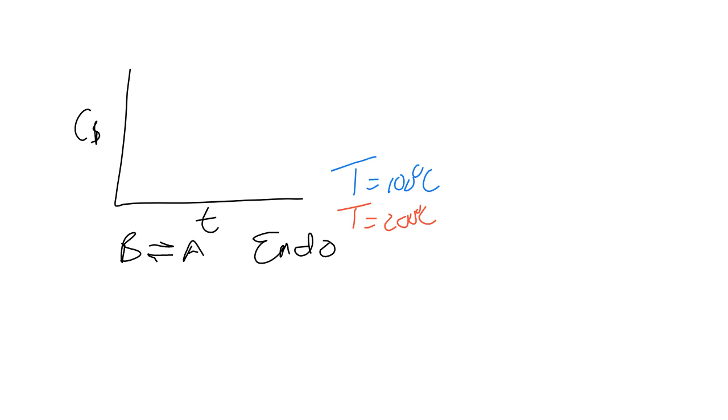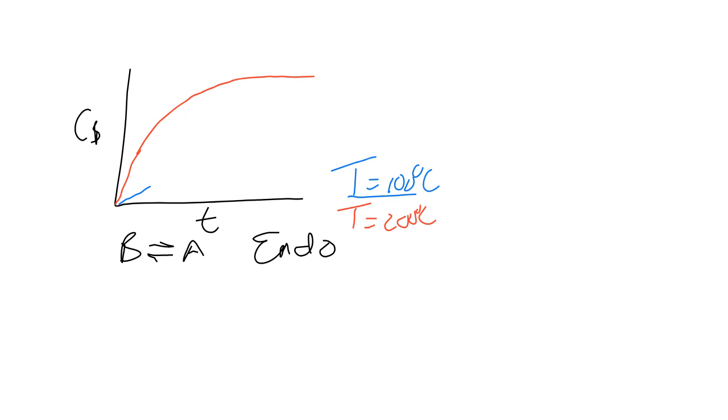So for an endothermic reaction, it is going to go faster. Rate equations are always faster the warmer. The warmer, the faster the rate, Arrhenius, with your activation energy always a positive value. So here I'm going to have the 200 degree one. And the 100 degree one is going to go slower because of Arrhenius. How fast does it go?